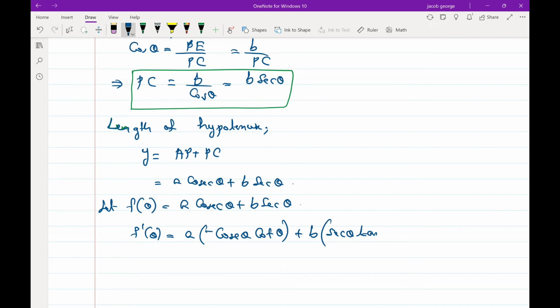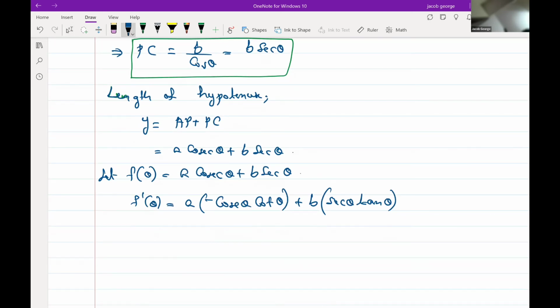Sec theta tan theta. Correct. Okay, so then we equate it to 0. f dash theta is equal to 0 implies minus a cosec theta cot theta plus b sec theta tan theta is equal to 0.